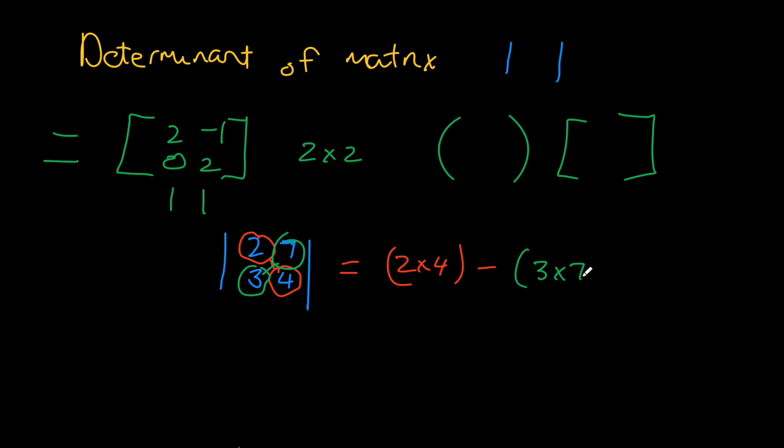So in this case we're going to say 2 times 4, which is 8, minus 3 times 7, which is 21. And 8 minus 21 will give you minus 13. So the determinant of this 2 by 2 matrix is minus 13.